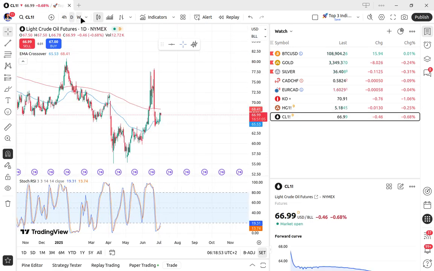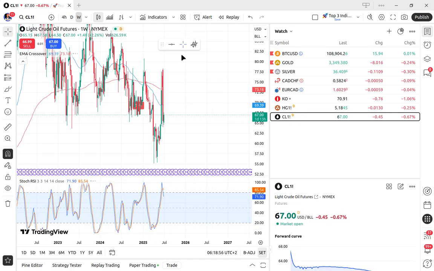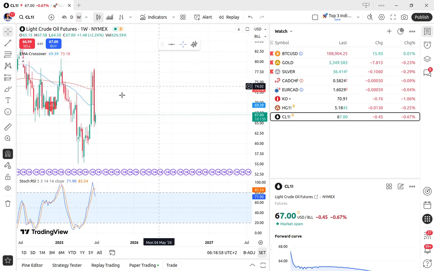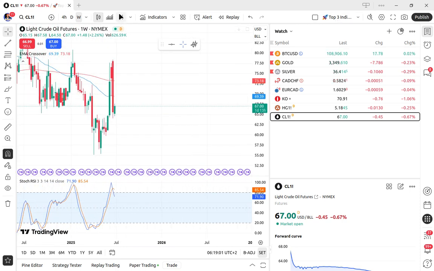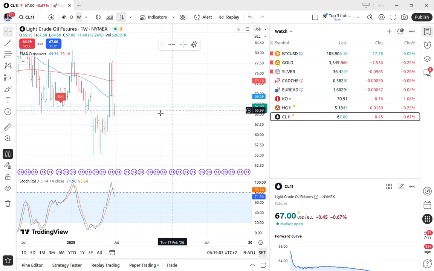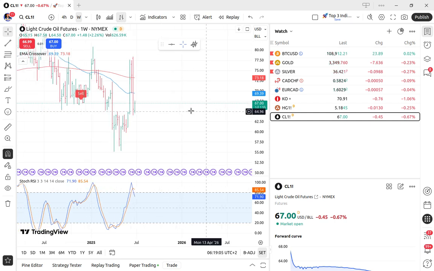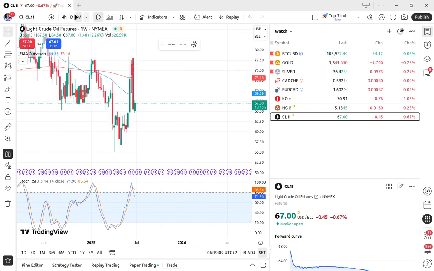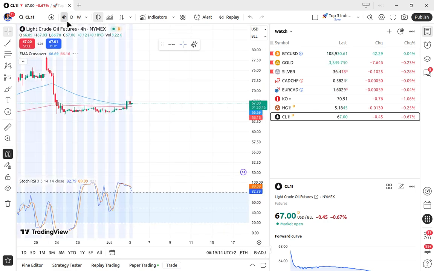So yeah, I start with the weekly chart, and yeah, there we go. You can use bars. Bars are a little bit cleaner. I love candlesticks because they're more clearer to me anyway.